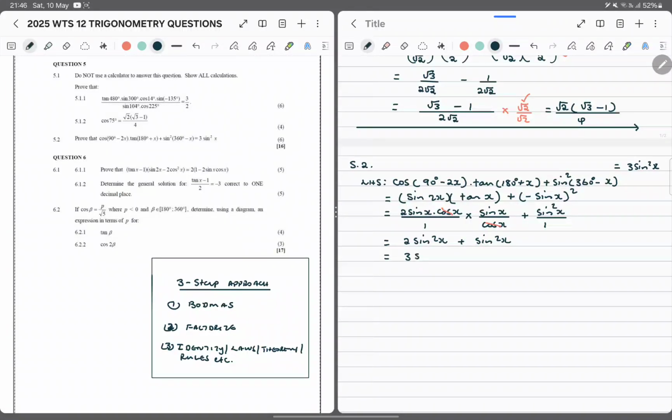This gives us 3 sine squared x, which is equal to the right hand side. Usually it's not too simple. So essentially the identity has been proven. We're scoring how many marks? 6 marks. Wow. Okay, this reduction is good, that reduction, and perhaps we can say this reduction.